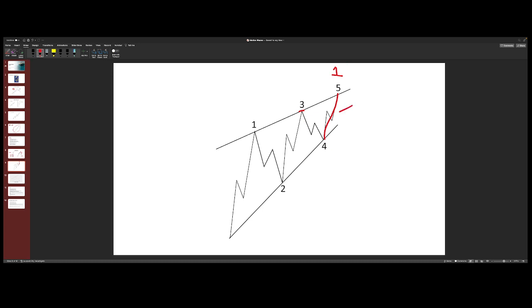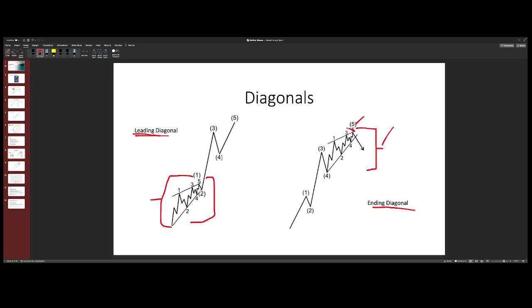So let's say this was wave 5. An ending diagonal always appears as wave 5 of an impulse or a C of a zigzag or flat. Like I mentioned, always here. An ending diagonal will always be here.